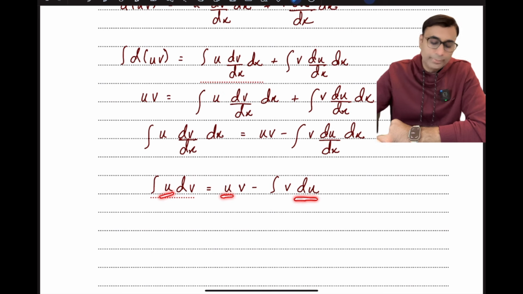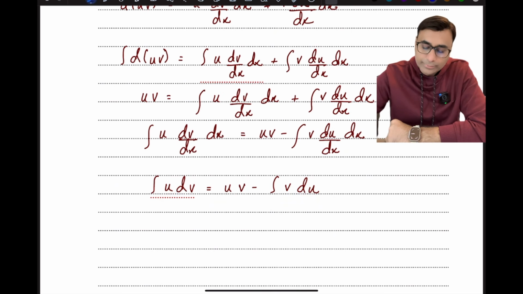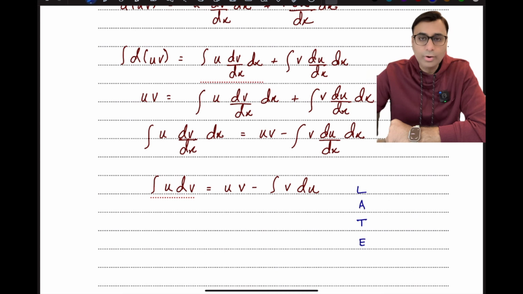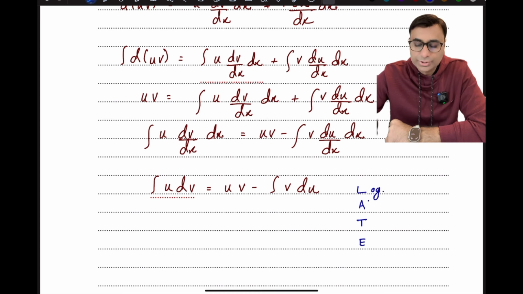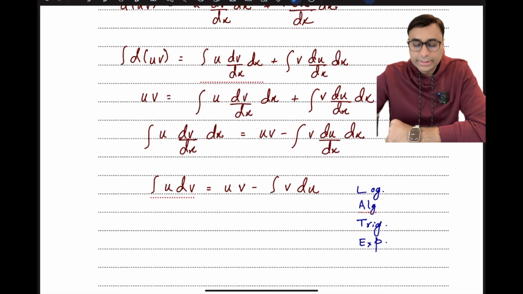But before you apply the formula, just remember this LIATE principle, which is your order of preference for u. L stands for logarithmic, A stands for algebraic, T stands for trigonometric, and E stands for exponential. So if you see a function inside the integral, your first preference to suppose u would be log.